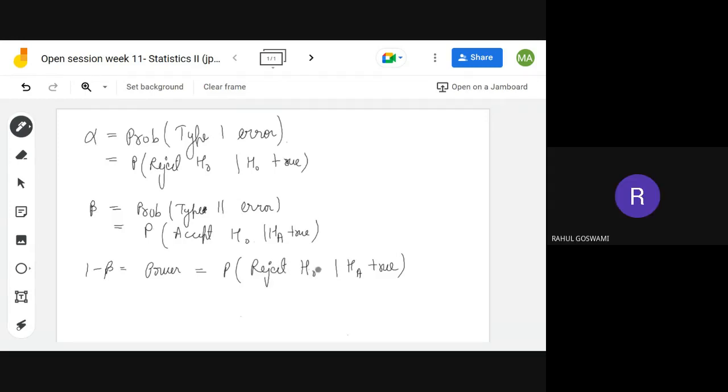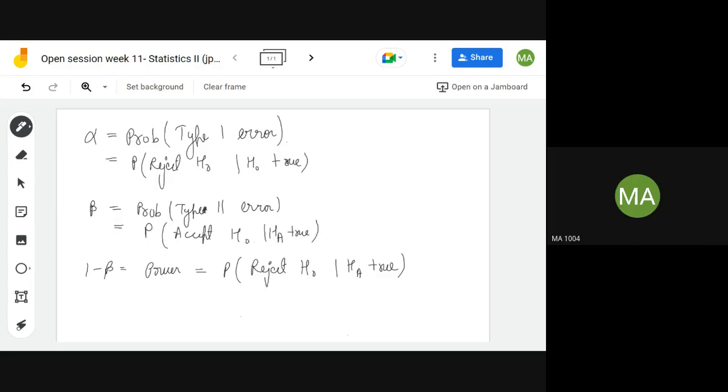Okay. This is a good thing. So rejecting H0 is nothing but accepting HA for given HA is true. Isn't it? Yeah, you can say that. This is a good thing, no, ma'am.